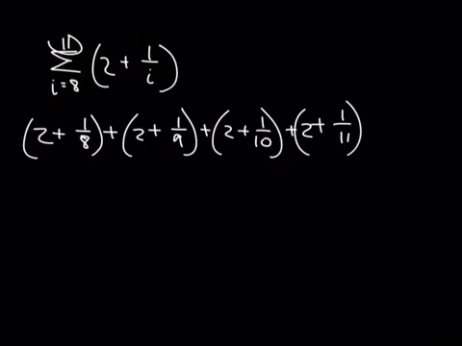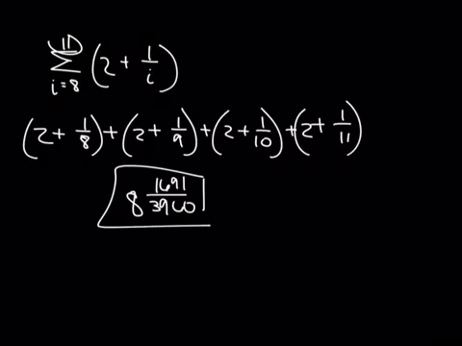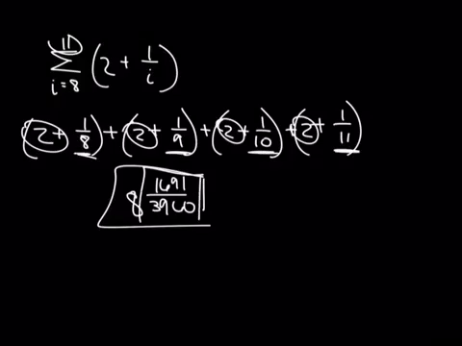Add all those up, and you end up with 8 and 1,691 over 3,960. So you add 2, 4, 6, 8, but then when you add 1/8 plus 1/9 plus 1/10 plus 1/11, you get a stinking common denominator of 3,960. So anyway, that is example 4.